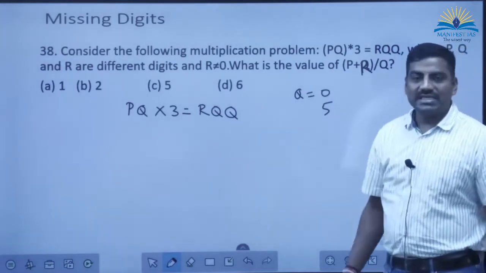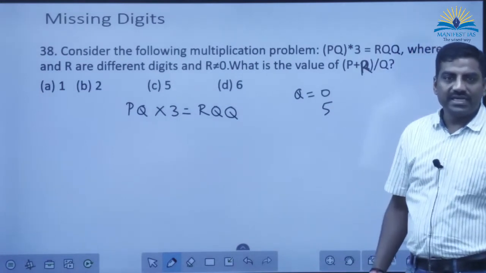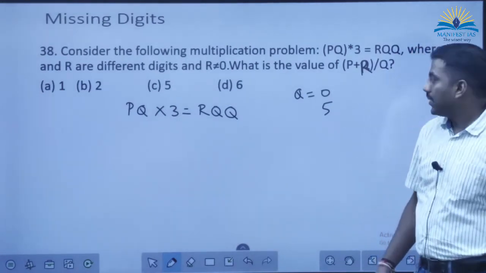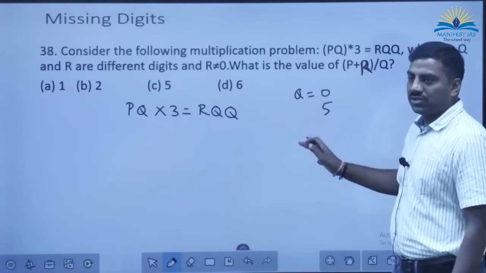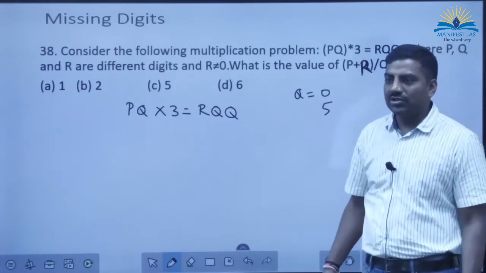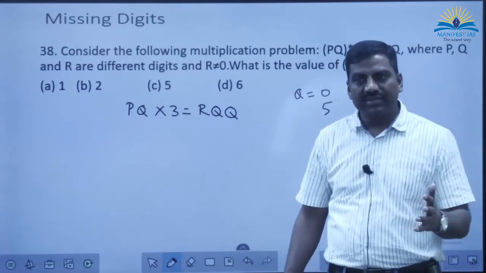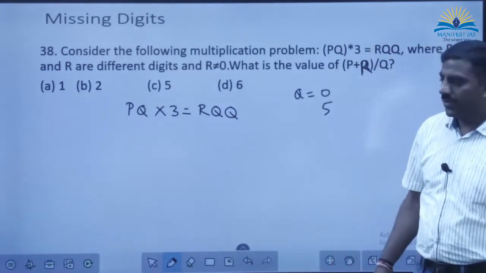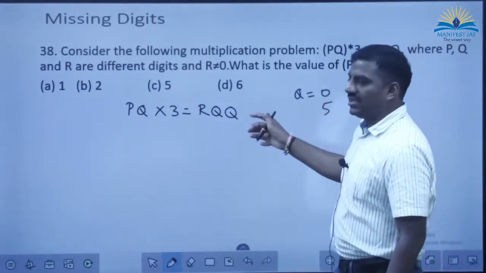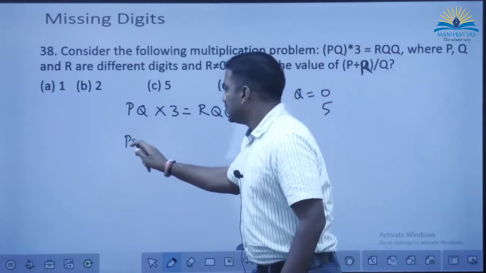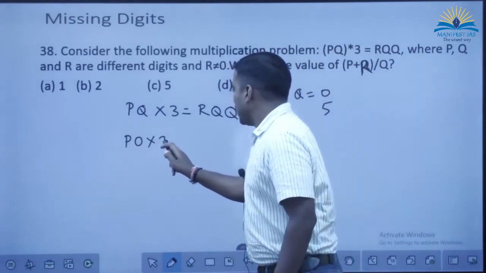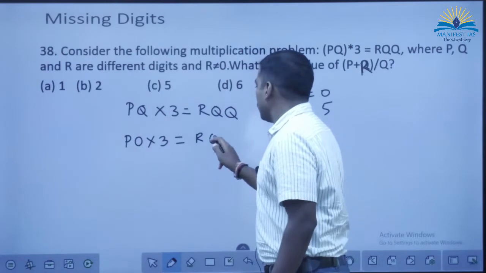We'll think of the second digit later. Now, these are two options. Again, 3 6s are 18, will not satisfy. 3 7s are 21, 3 8s are 24, 3 9s are 27. It will not satisfy. First, let us try with this. P0 into 3 is equal to R00.